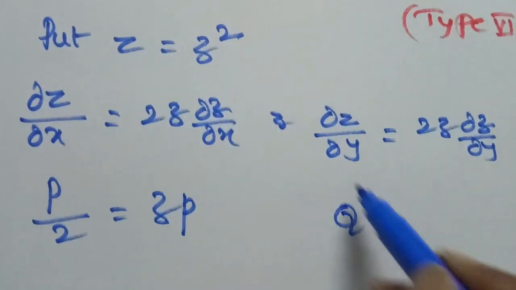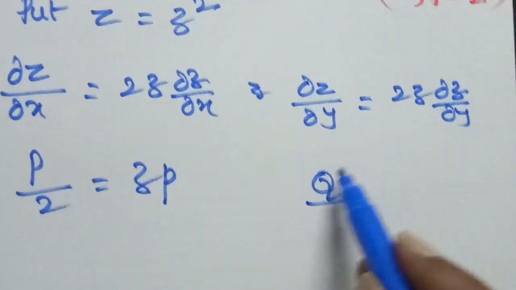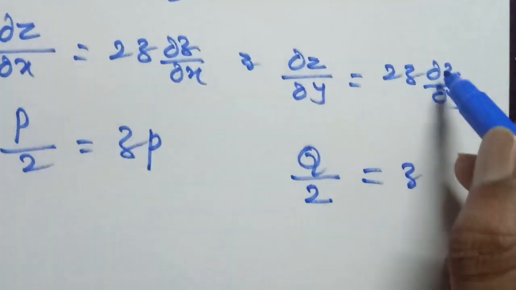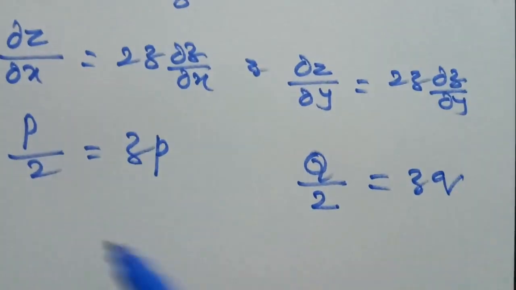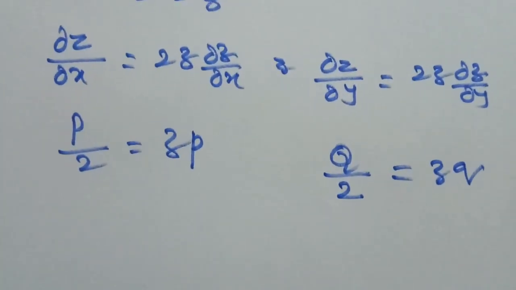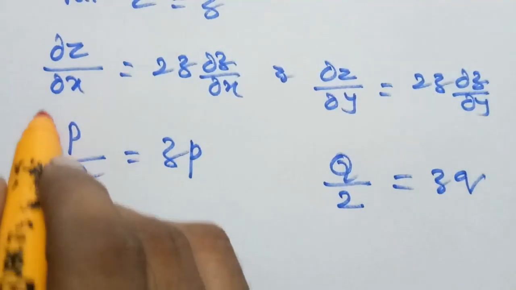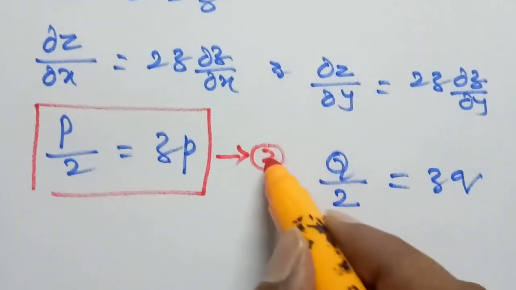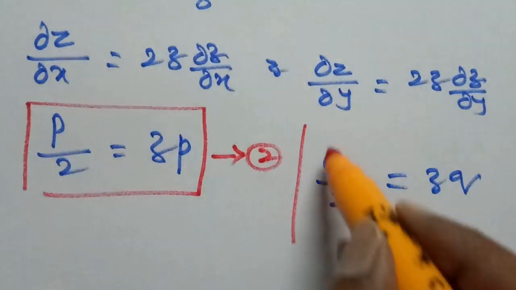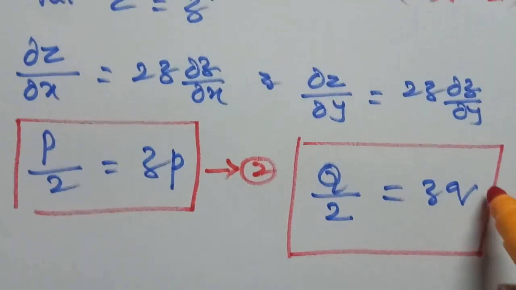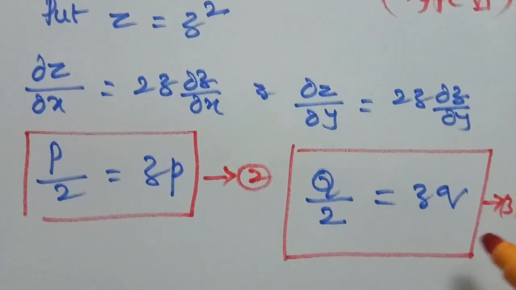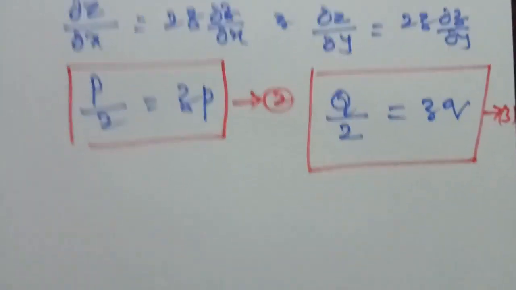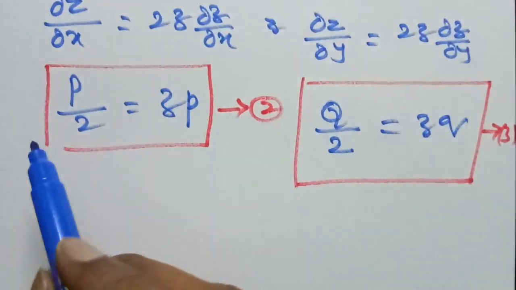This is capital Q. In type 6 we are using Q for this, is equal to z into q, from the beginning of this chapter. Say this is equation number 2, this is equation number 3.